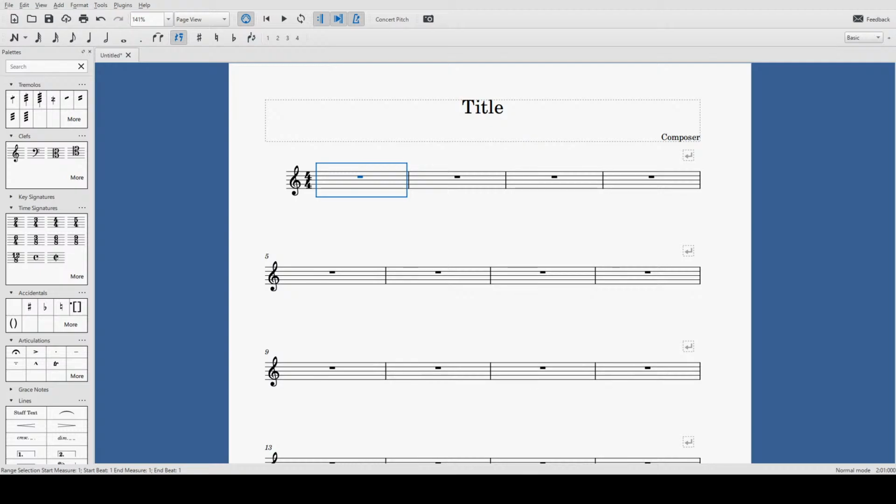Let's test that theory out. So I'm gonna use G on a different inversion. Let's see if it sounds convincing. Okay, sounded like it ended. Let's say I use a different kind of chord.